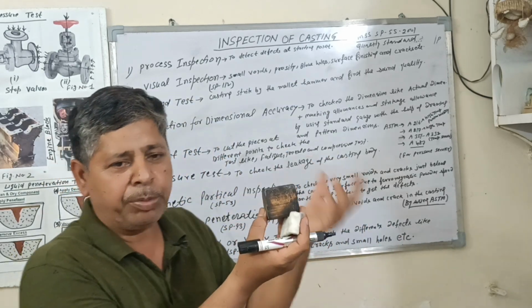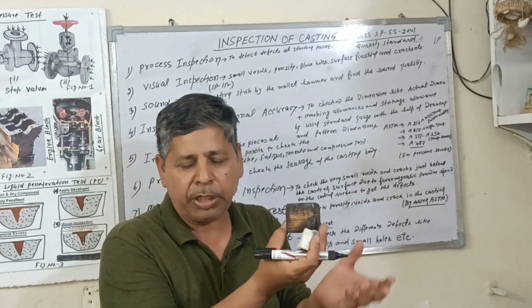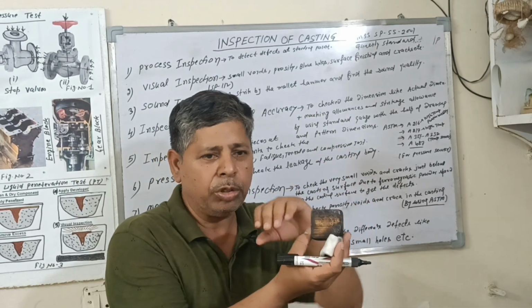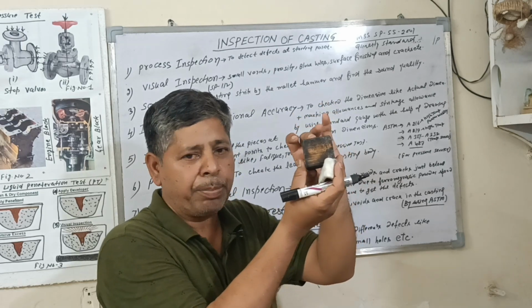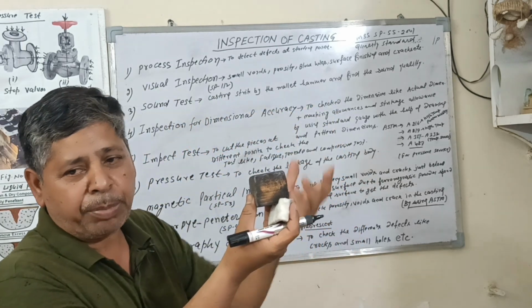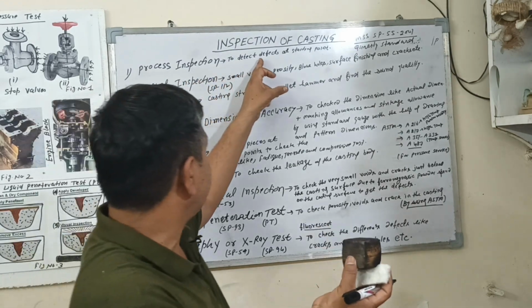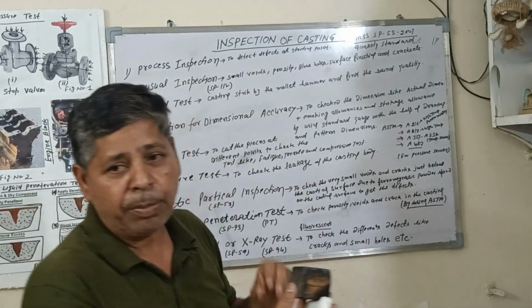You check what type of sand and what pouring temperature are used when pouring the mold to make these samples, to remove the different types of defects. This is a process test to detect defects at the starting point.